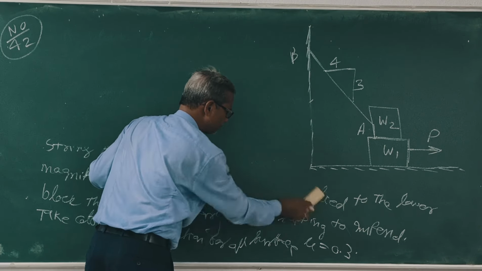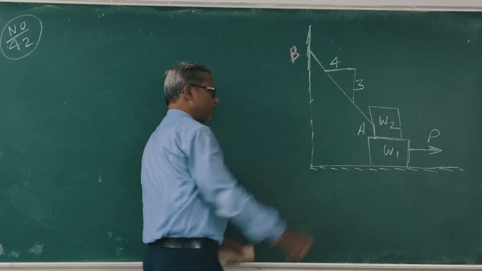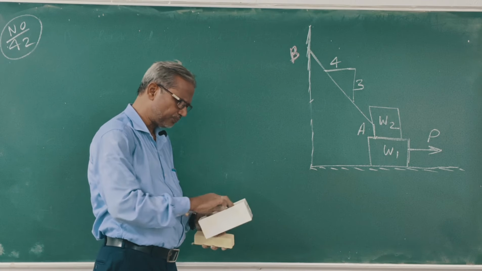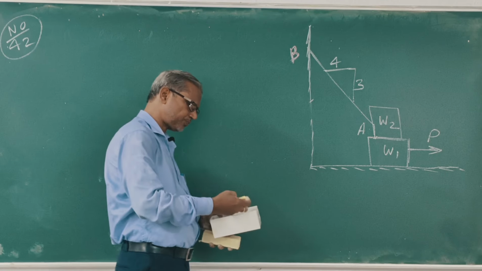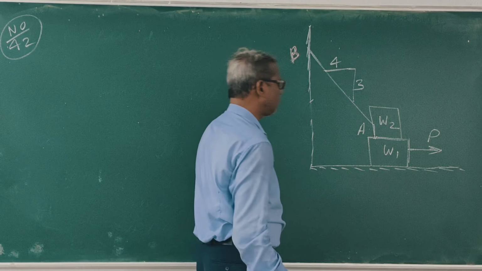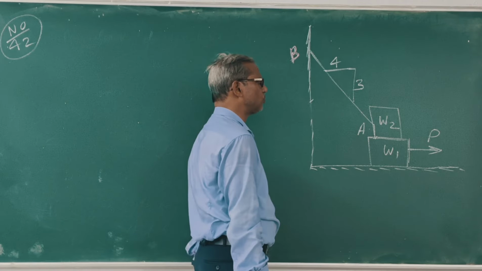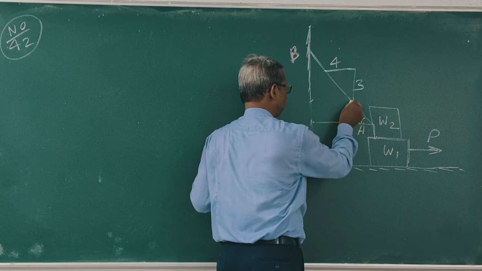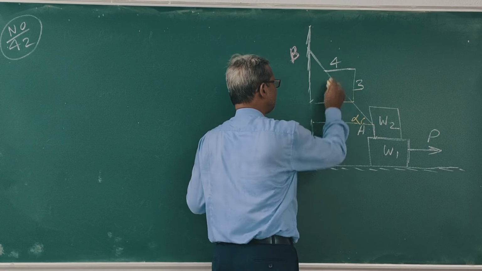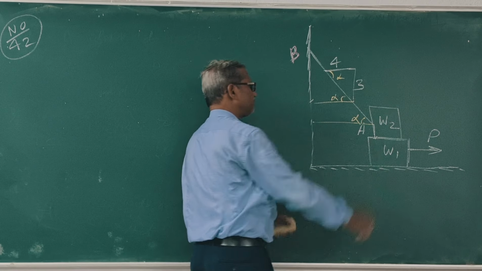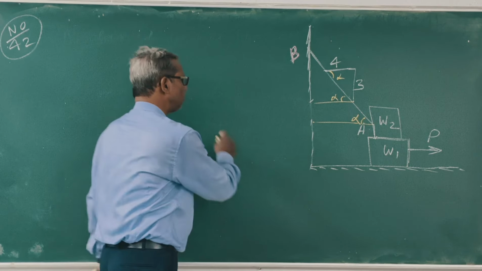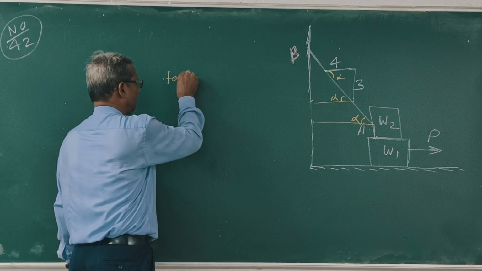Now, first come to the figure. This is block 1, block 2. Clear? What is the angle? Suppose alpha. This is alpha. From the figure, what is tan alpha? 3/4.